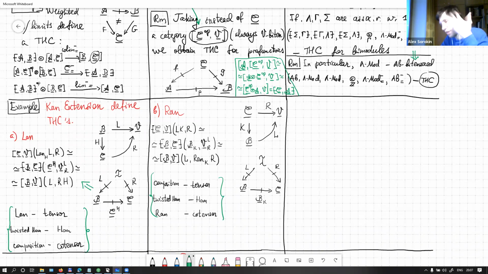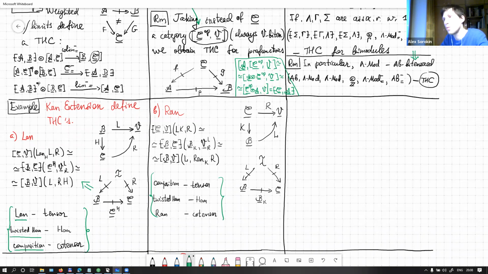I mean, I already have Tensor-Hom-Cotensor situation, but that adjunction formula should be written for three functors that live precisely in a triangle. So I see that left Kan extension is a tensor operation, composition is a cotensor in this case, and twisted Hom, so Hom in category V twisted by functors L and R, is our Hom for Tensor-Hom-Cotensor.